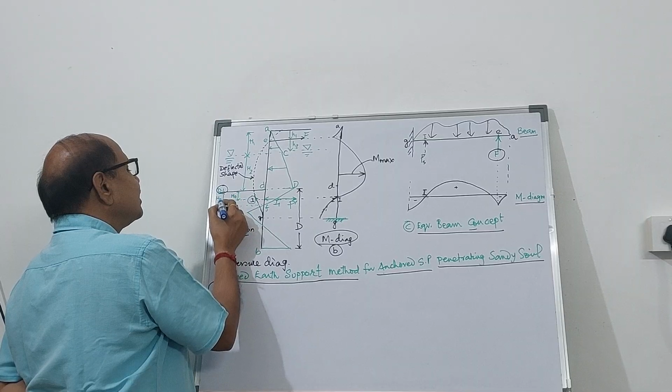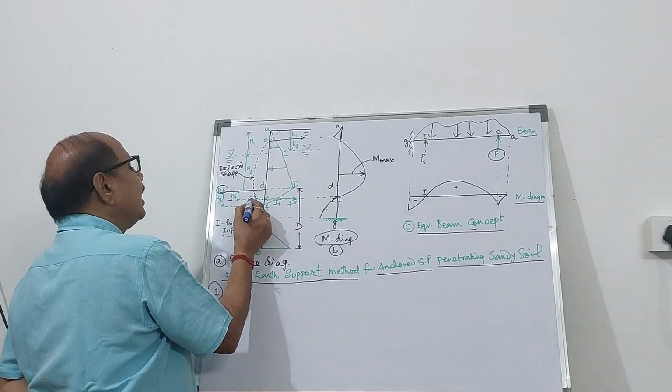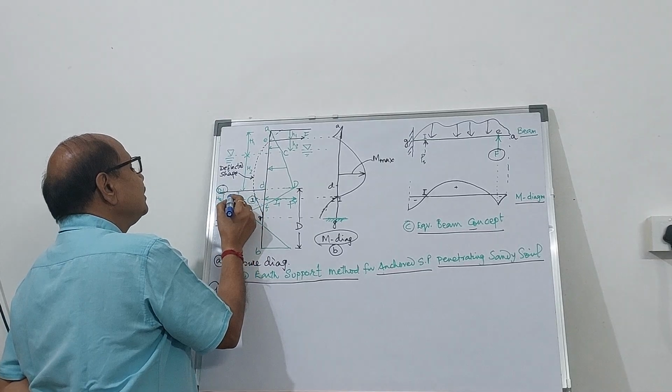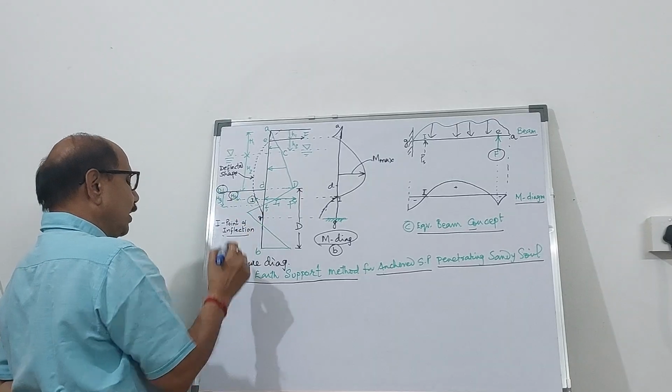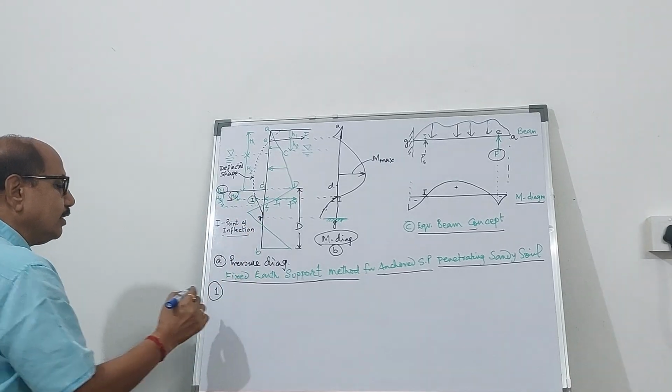This height from the dredge line is S3, and up to the point of inflection it is H4. So H4 you need to calculate.